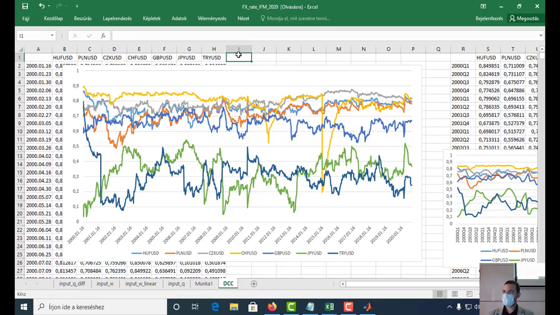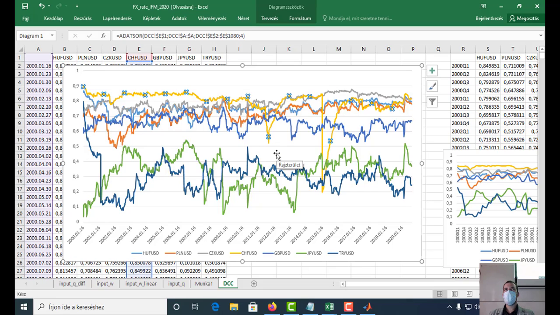But what happened with the Swiss franc in 2015? In this case they introduced the 1.2 Swiss franc to euro floor, and this is when they abandoned it. So there was a sudden shock because the Swiss franc started to appreciate again.